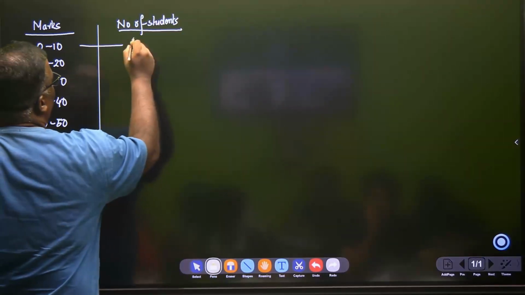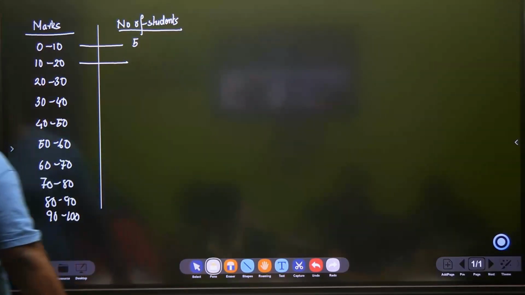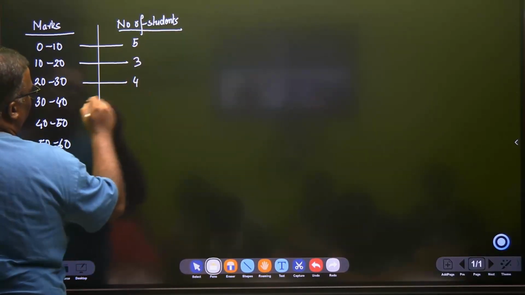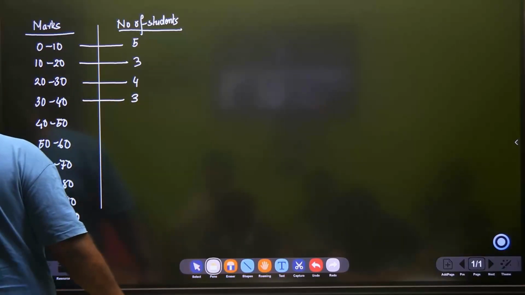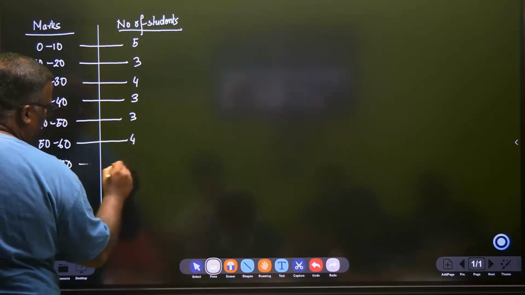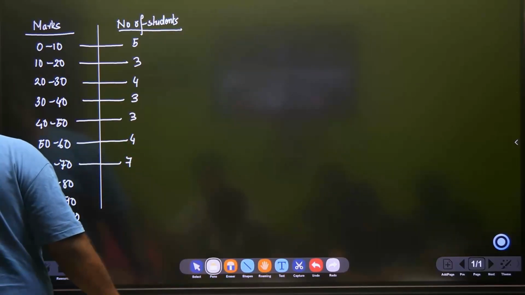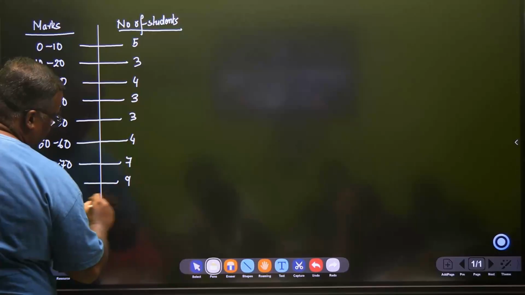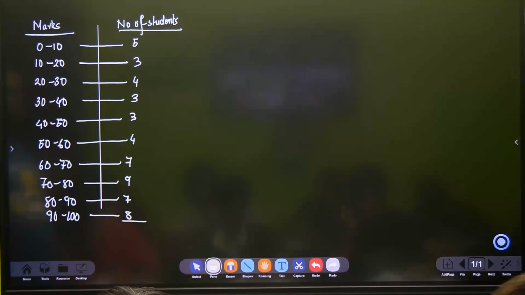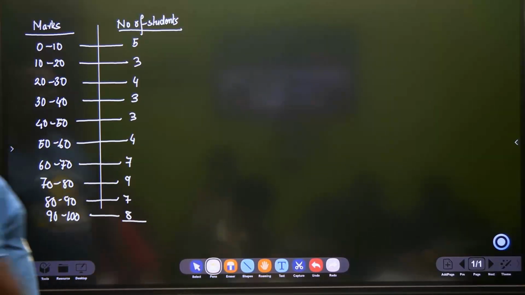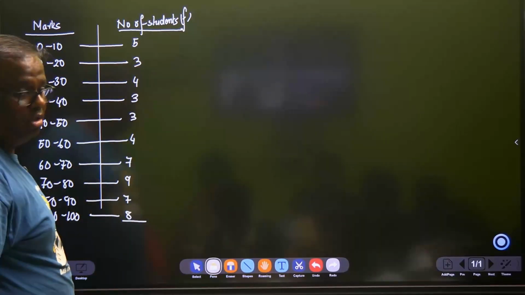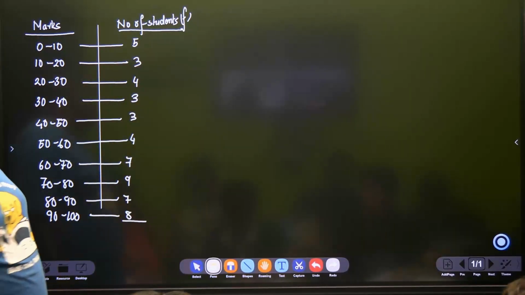So 5 students obtained these marks. The frequencies are 5, 3, 4, 3, 3, 4, 3, 5, 3, 4, 3, then 3, 4, 7, 3, 4, 7, and then 9, 7, 8. Generally in the question they'll tell you the following is the distribution of marks obtained by so many students. So I'm assuming that this was not told, so let me just calculate.